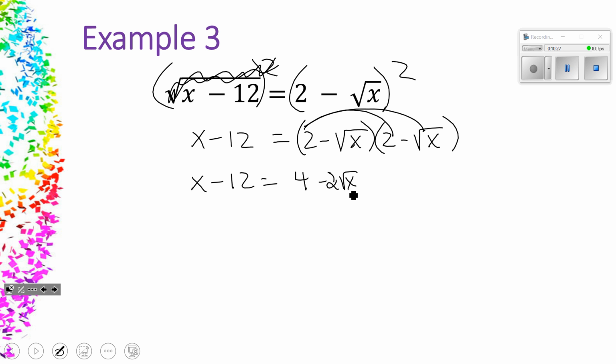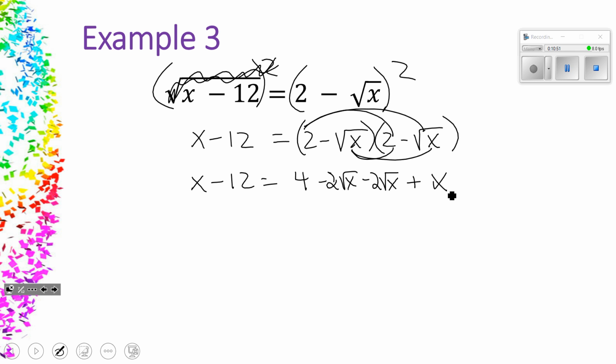Everybody clear with that? Then negative square root of x times 2 is negative 2 times the square root of x. Then what's a negative times a negative? A positive. What's the square root of x times the square root of x? x.